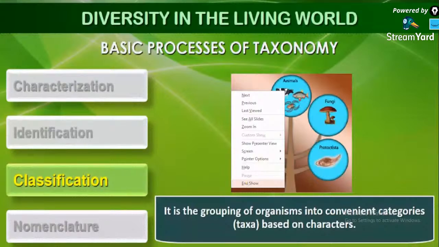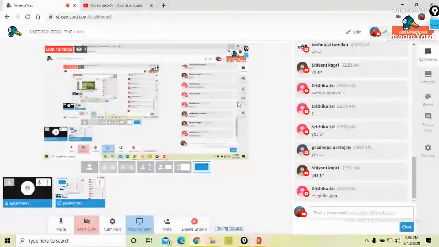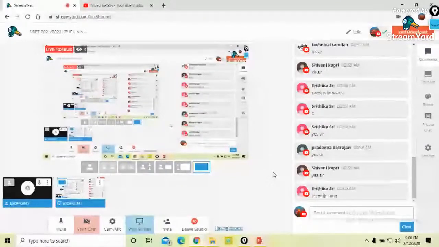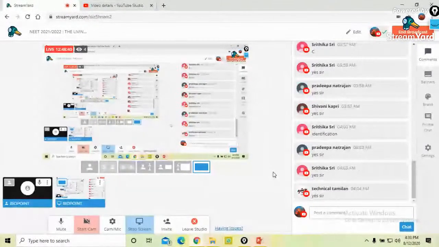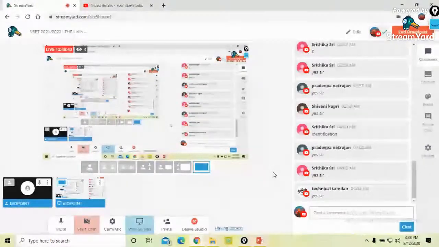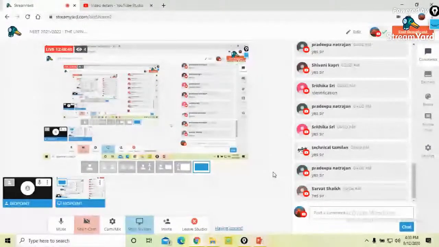Tell something on the chat box, guys. I'm viewing your chat box. Just comment something fast, so that I will be able to understand that you are understanding all the points that we taught today. Give me a thumbs up on the screen if you are liking the session and understanding each and every point. Yes, Sarwat.